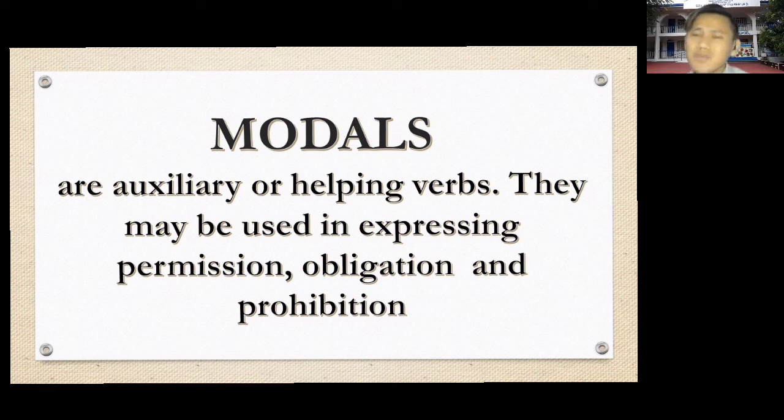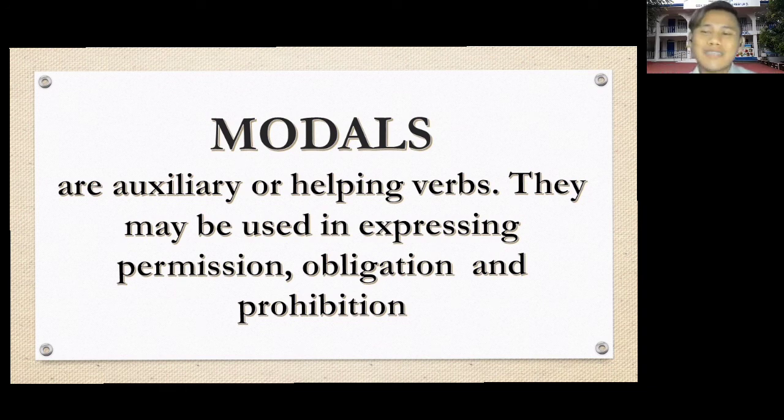But when do we use our auxiliary or helping verbs? If the action happened in the past, or is happening in the present, or will happen in the future. So what are the examples of modals?